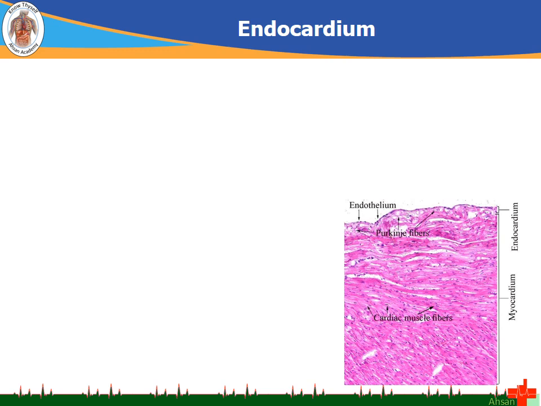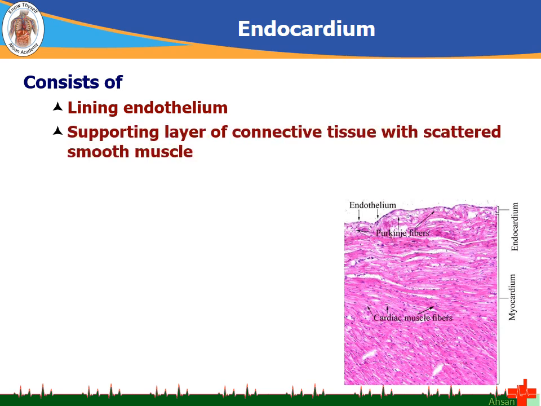The innermost layer is endocardium. You can see the variation of the thickness. Endocardium is very thin compared to the myocardium. The endocardium's lining epithelium is simple squamous epithelium, and this simple squamous epithelium is known as endothelium.